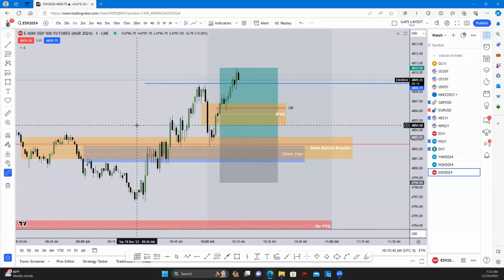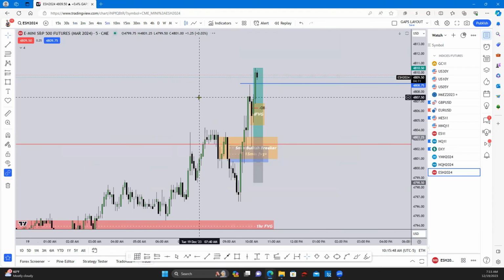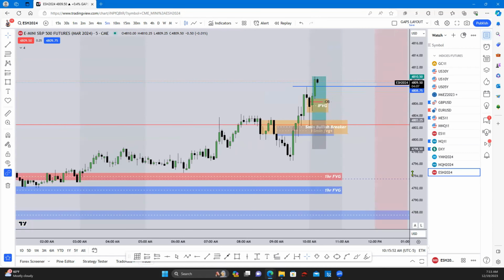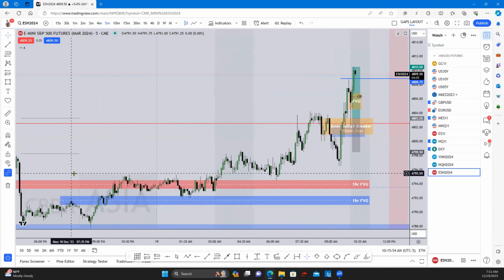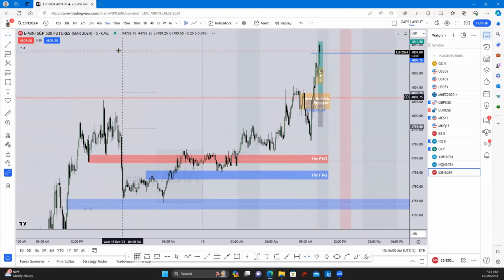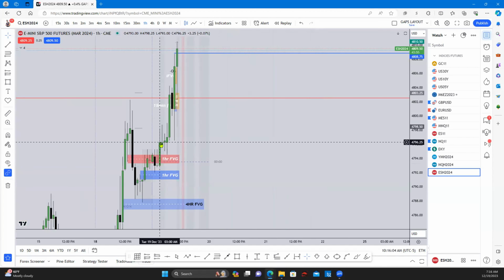All right, so quick recap of the breakdown here. Go to the 5-minute chart. Overnight, we had this 1 hour bearish fair value gap here, disrespected it.